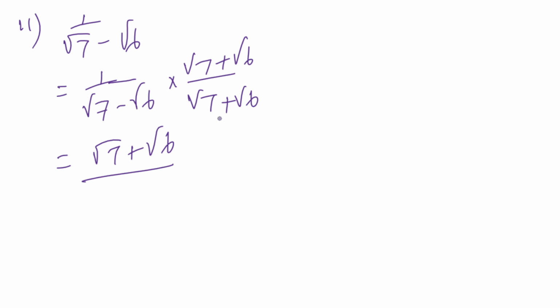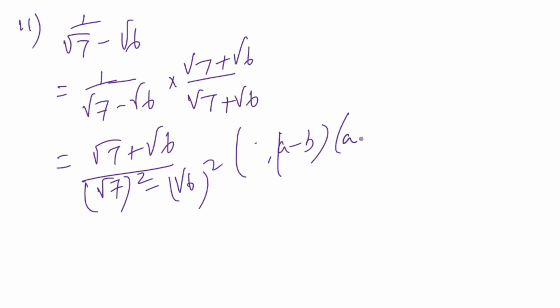The second rule says if you can use a formula, you can use a formula. Here a minus b, a plus b formula I can use directly. So root 7 whole thing square minus root 6 whole thing square, since a minus b, a plus b gives me a square minus b square. This is the formula I have used here.